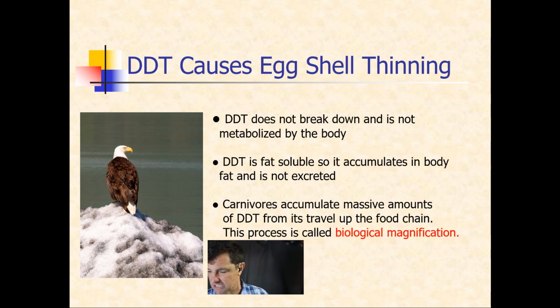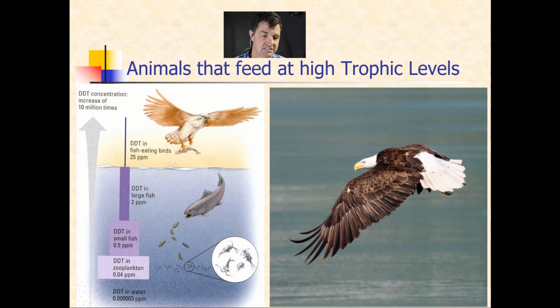Things like the osprey, the bald eagle, peregrine falcons and lots of different fish-eating birds were impacted. The American brown pelican, a fairly common bird off the coast, almost went extinct due to high concentrations of DDT in the tissues.